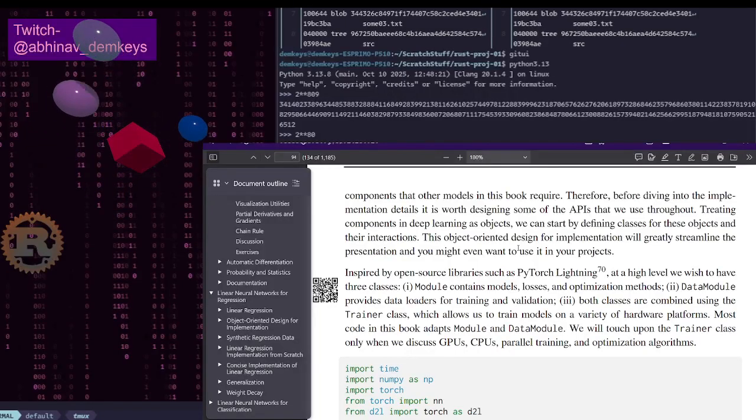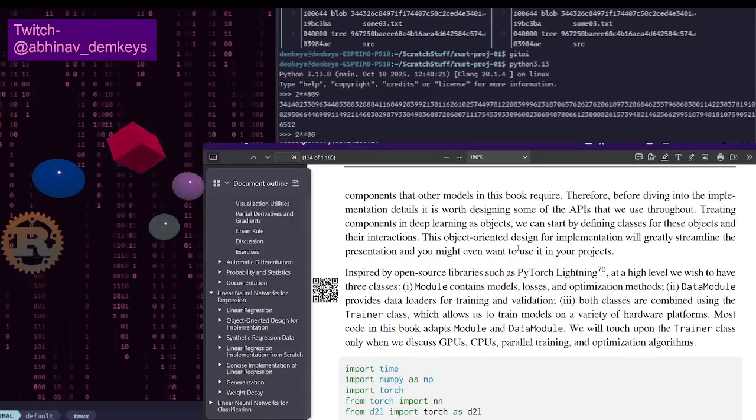Data module provides data loaders for training and validation, and then both classes are combined using the trainer class, which allows us to train.